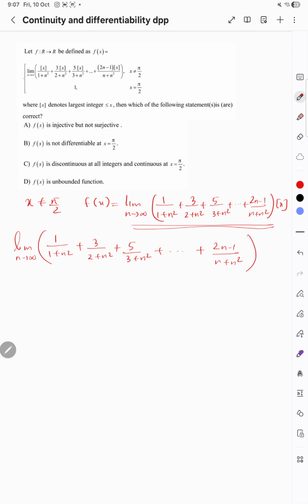For this, we know that if all the denominators are the same, then we can take a common denominator. But the denominators are different.